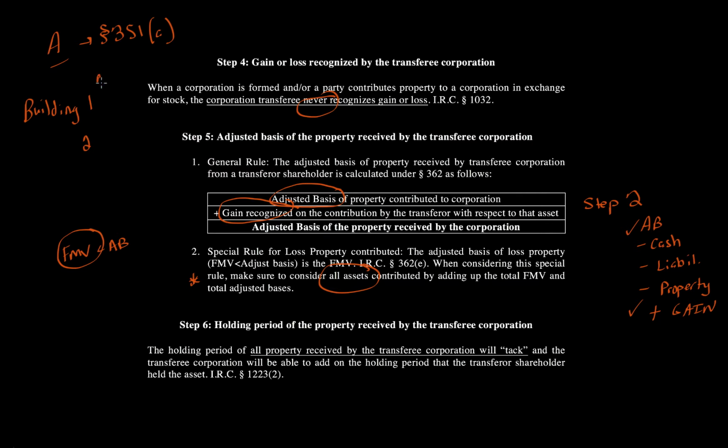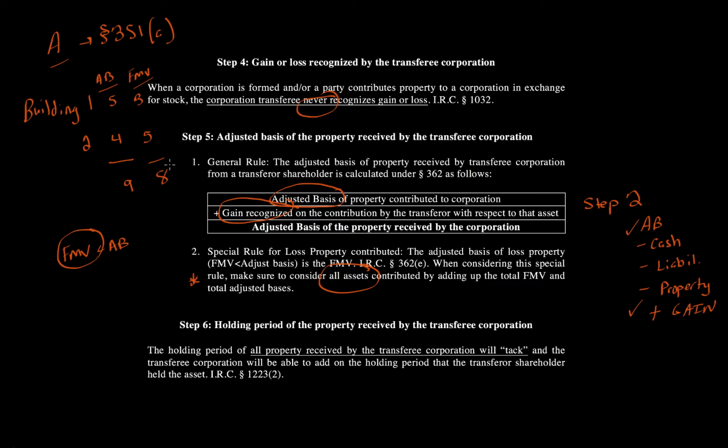Let's say the adjusted basis of building 1 is 5 and building 2 is 4. Let's say the fair market value of building 1 is 3 and the fair market value of building 2 is 5. If we add these up, you'll notice that the adjusted basis total is 9 and the fair market value is 8.